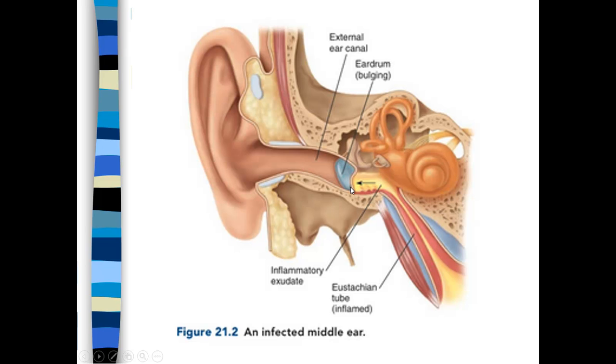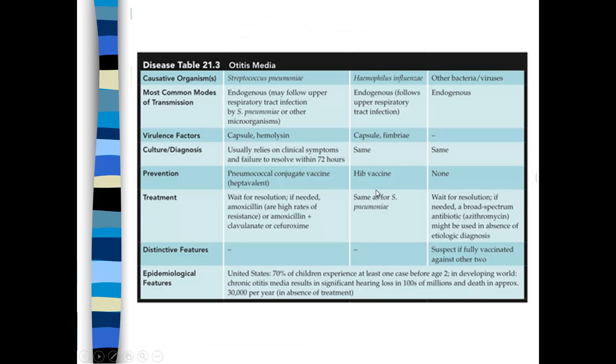The eardrum starts to bulge, and the eustachian tube initially is inflamed and remains inflamed. And once the inflammation goes down, then that exudate could flow out. But typically with a bacterial infection in the United States, a broad spectrum antibiotic is prescribed in order to clear up the infection.